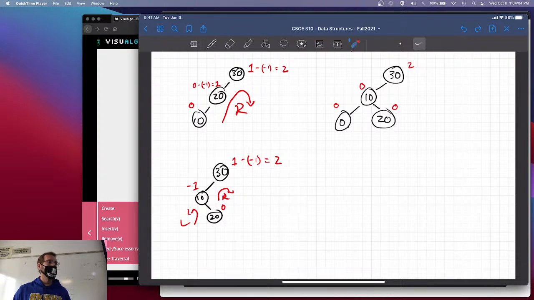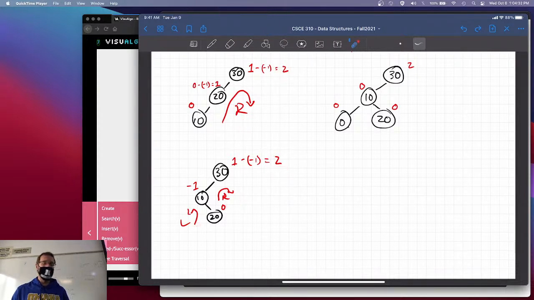But okay. I'm assuming there's still some sort of algorithm or some sort of equation that could help you determine which. Yes, it's the signs and the values of the balance factors. If you have a balance factor of 2, you either need to do a right rotation or a left-right rotation.